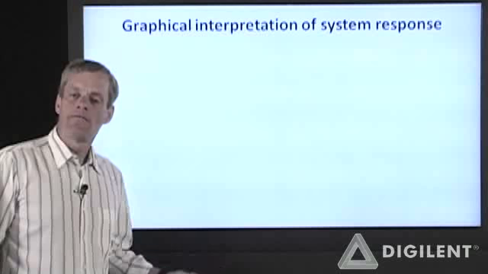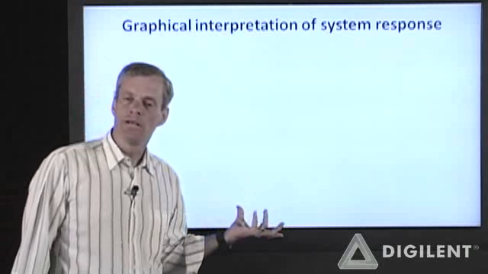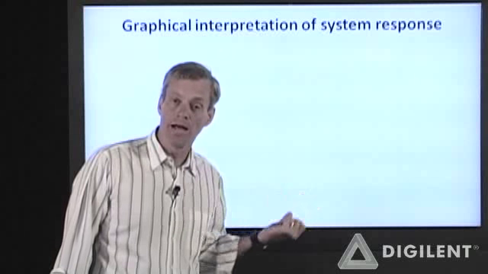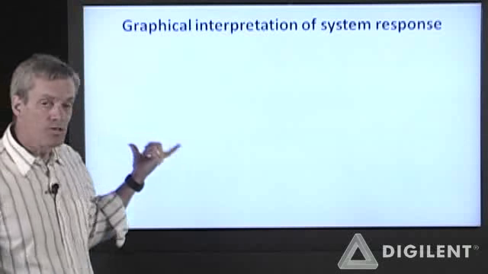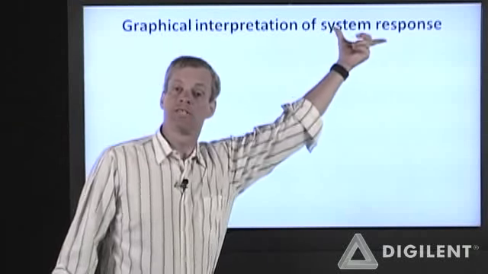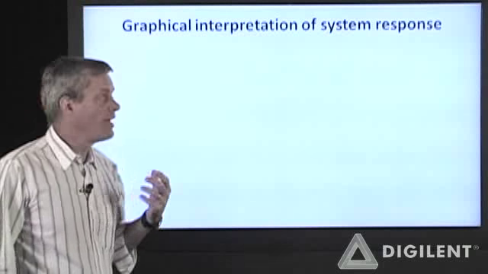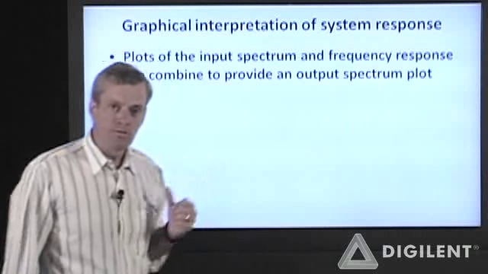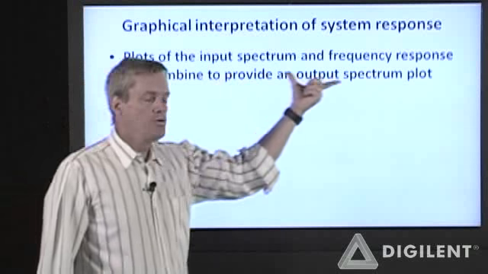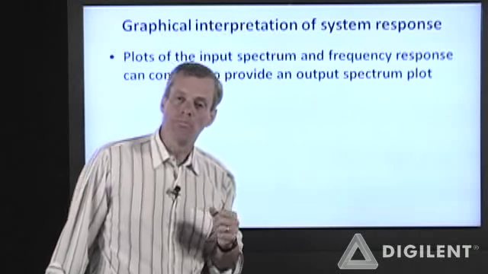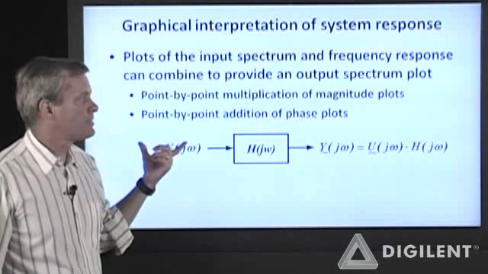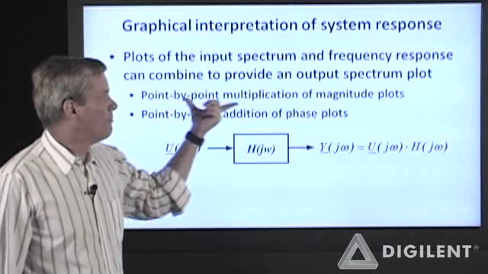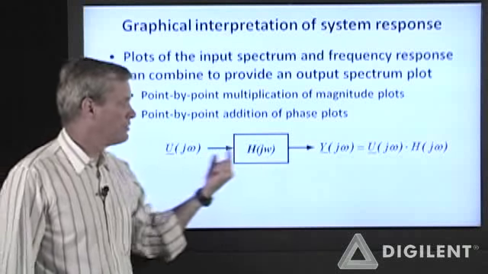Now, since we have a graphical representation of the input as a function of frequency, and a graphical representation of the system's response as a function of frequency, we can use those plots to get a graphical interpretation of the system's response. So, plots of the input and the frequency response can be used to provide an output spectrum plot. This can sometimes provide some insight into what's going on. Essentially, you multiply point by point the magnitude plots.